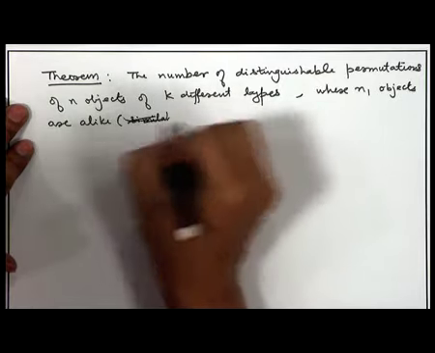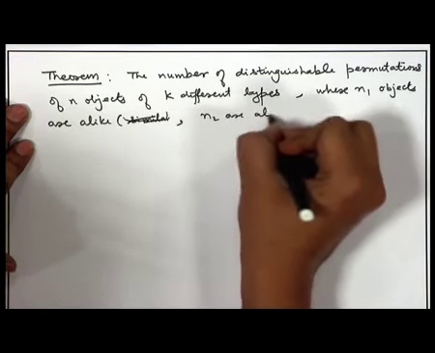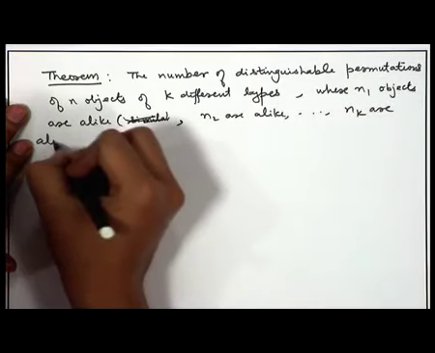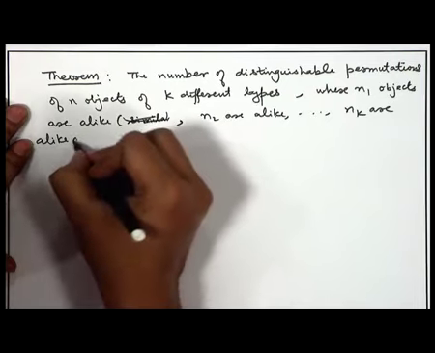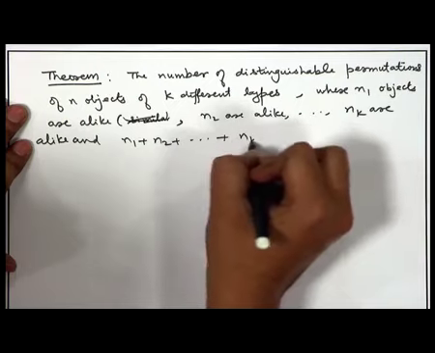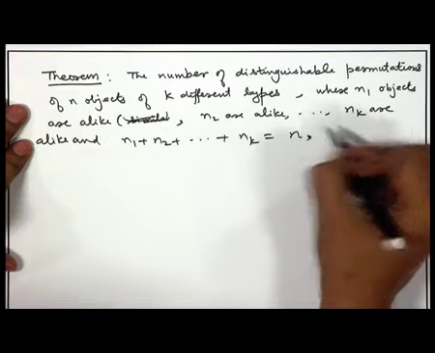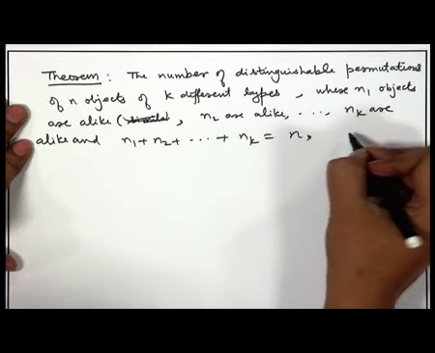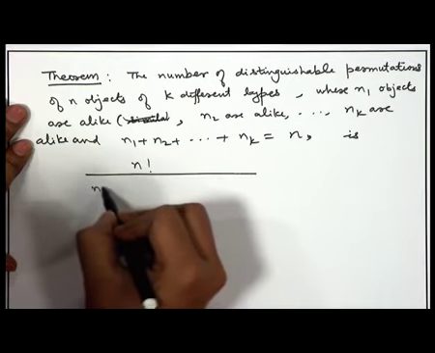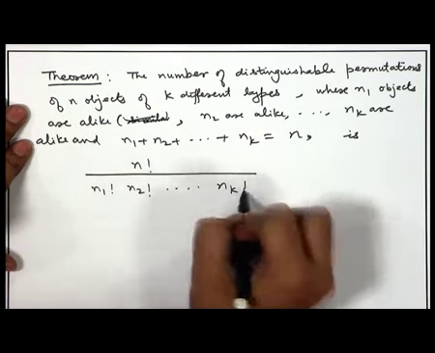So, let me not write similar, alike, n2 are alike and so on, nk are alike, and you have n1 plus n2 plus ... plus nk is equal to n. Then the number of distinguishable permutations is n factorial divided by n1 factorial, n2 factorial and so on, nk factorial.